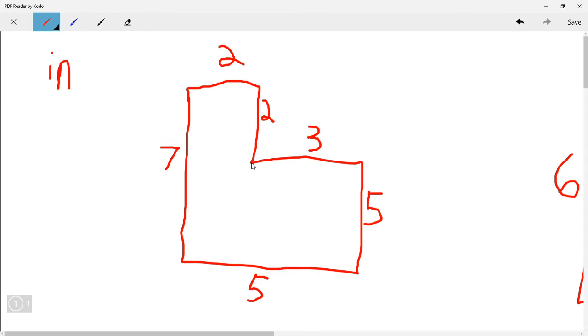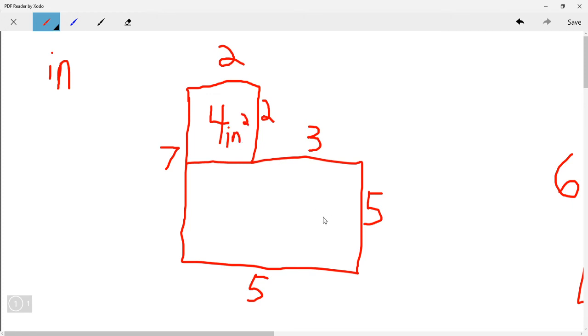Well, we have to split them up into two rectangles. But we can split them up into two rectangles differently, right? One way is we can split it up like this. Okay, so this rectangle right here is actually a square, and it's 2 by 2. So this would have an area of 4, right? 4 inches squared.